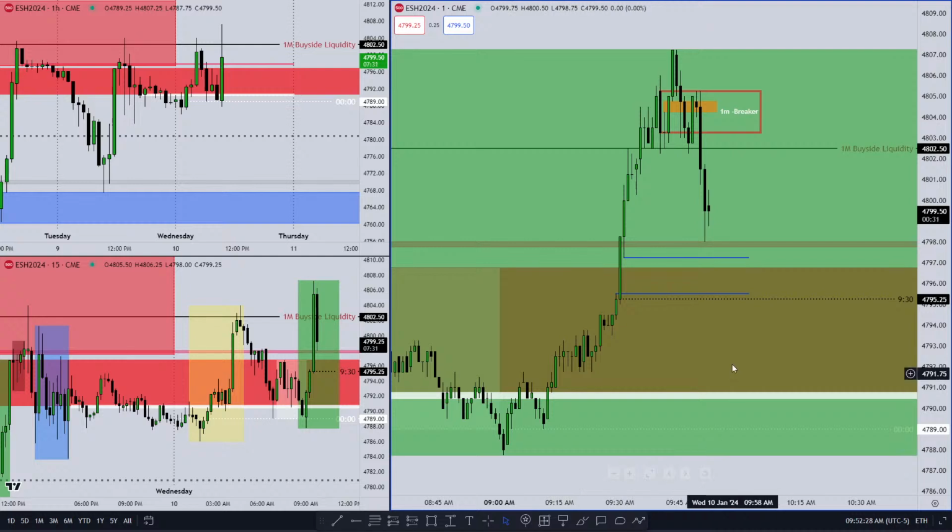I'm actually using what's relative to that. Below this low, I want to see this imbalance filled in.